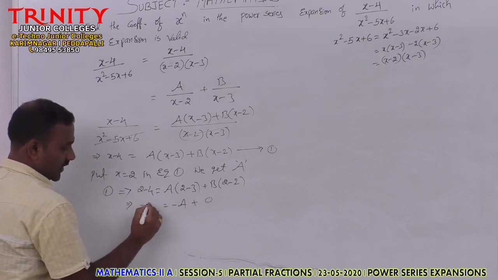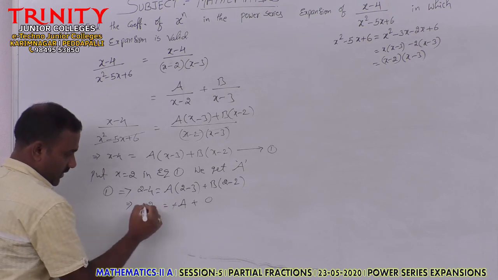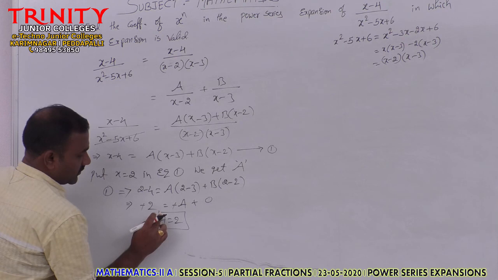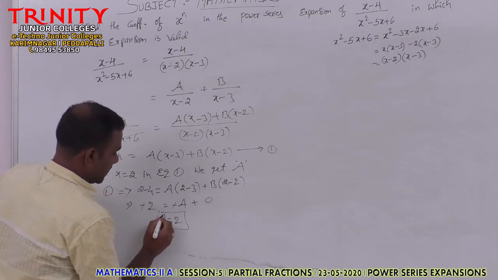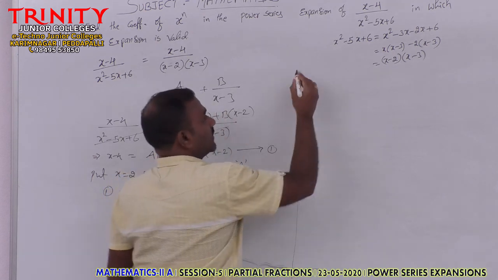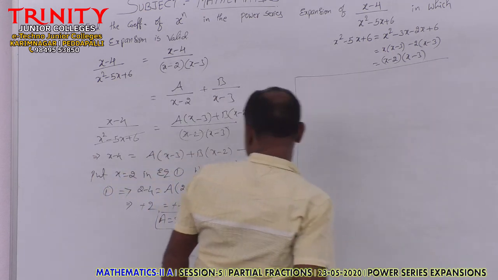And 2 minus 4 is nothing but minus 2. Minus minus cancel. We got the value of a as 2. Now, calculate the value of b.